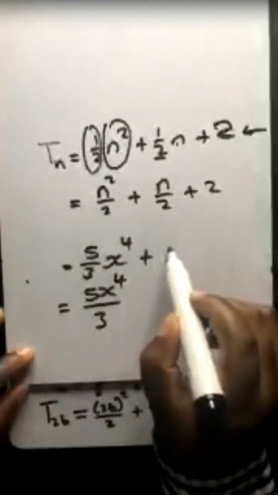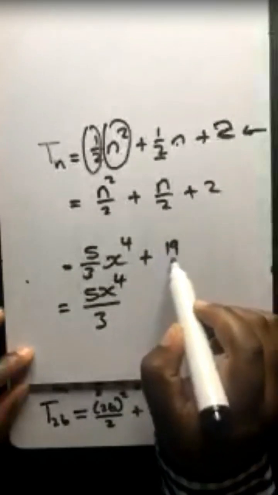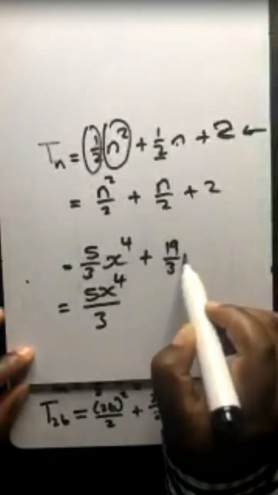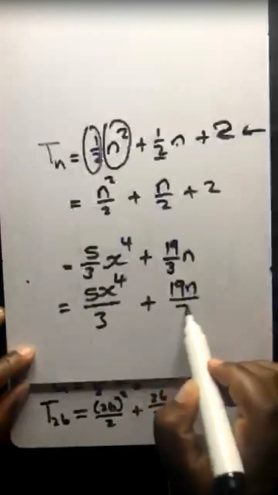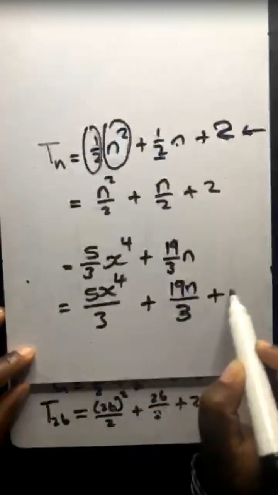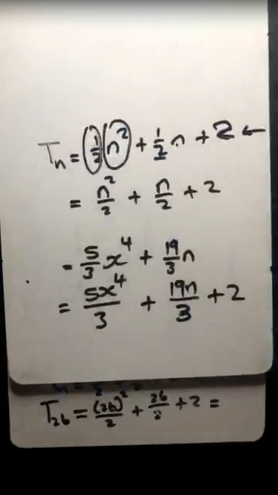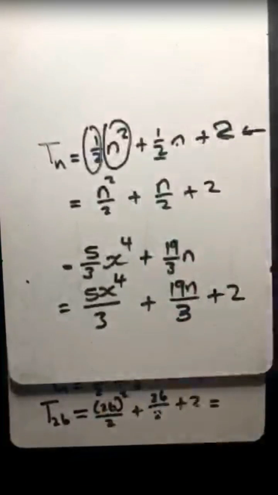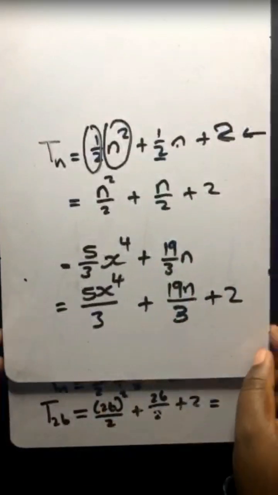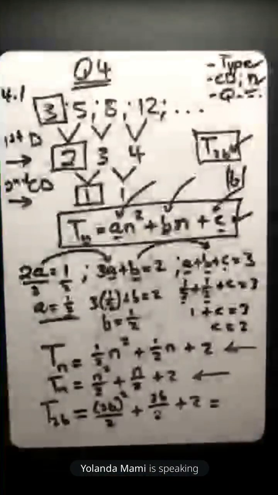Let's say maybe this was plus 19 over 3 x n, I would still write it like that. It doesn't really change much. Yolanda, what I've just explained, does it make sense from your side? Yes, sir, it does.